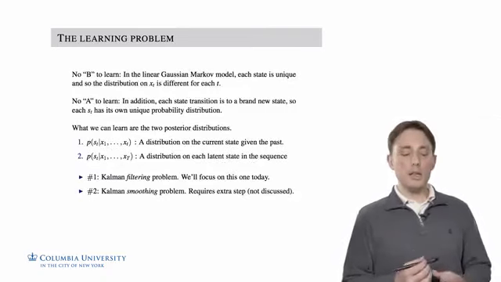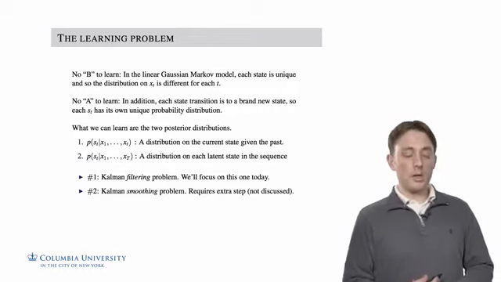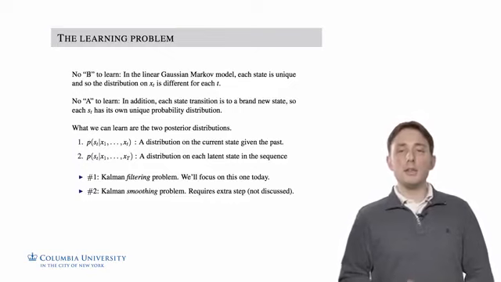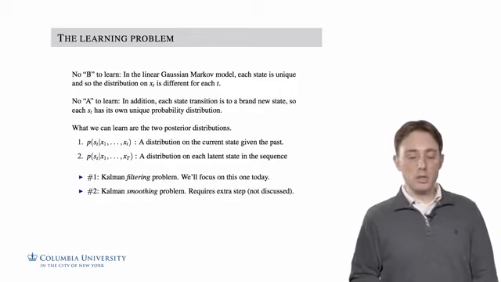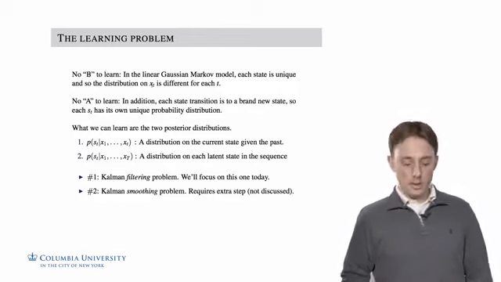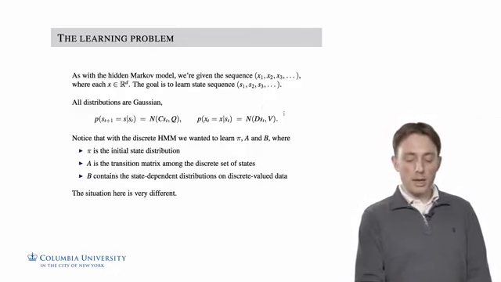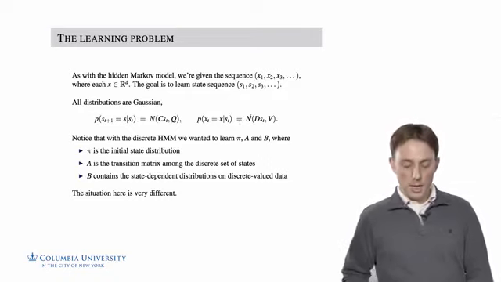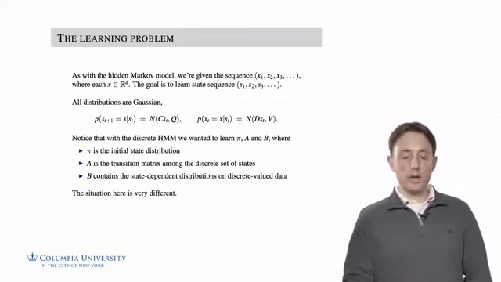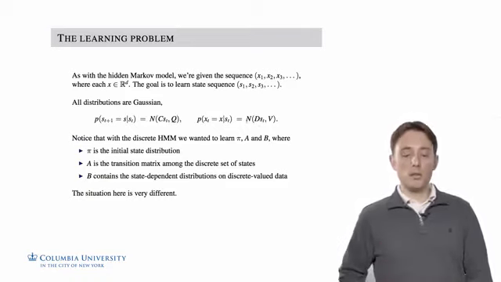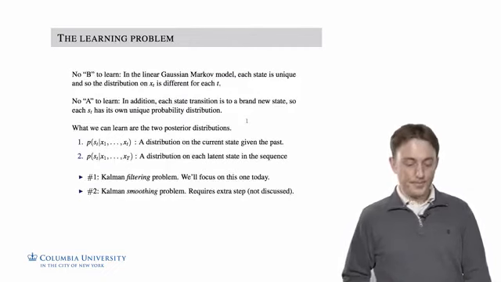In the linear Gaussian Markov model, the situation is different because we don't have to learn B, since each state is going to be unique, because the state is in a continuous space with a continuous transition distribution, the distribution on each x is also going to be different. The way that we constrain it is by letting the distribution family be parameterized by s in this way. However, because st is continuous valued and unique, the parameters are going to be unique for every value of x.